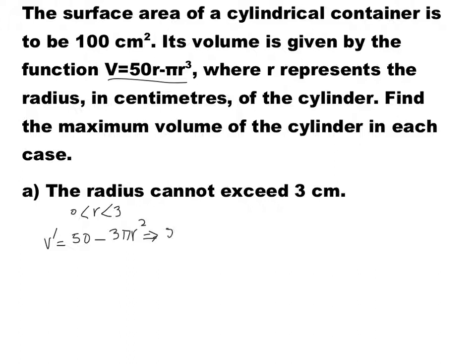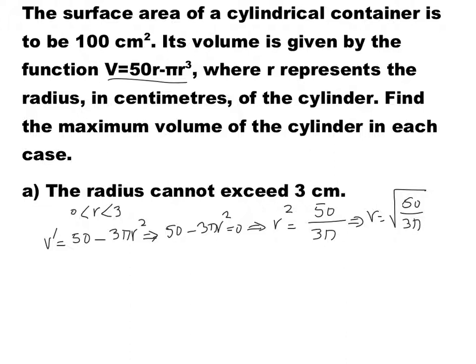So r squared is 50 divided by 3 pi, or r is the square root of 50 over 3 pi, which is about 2.3 centimeters.